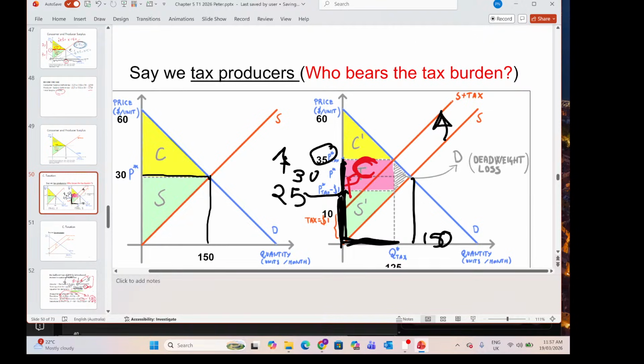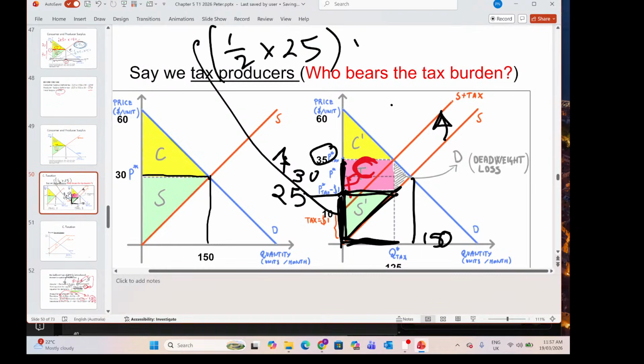So if I want to know the dimensions of that triangle, all I would say is this is a half times 25 multiplied by 125. We've got the answer on the next slide.